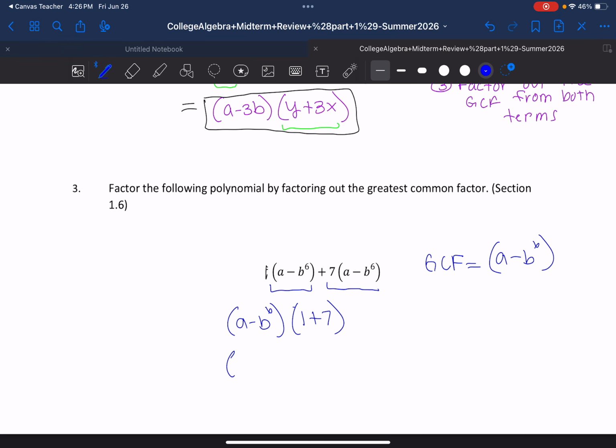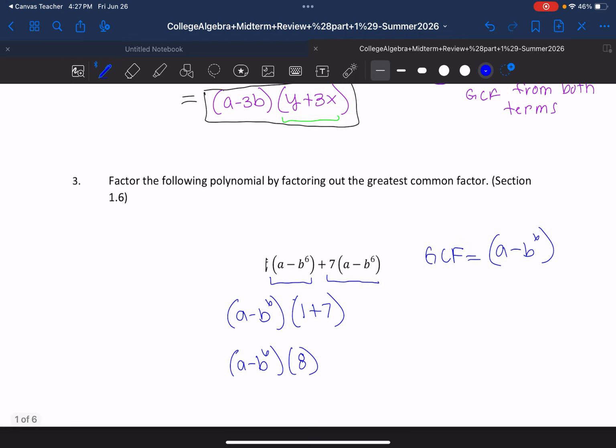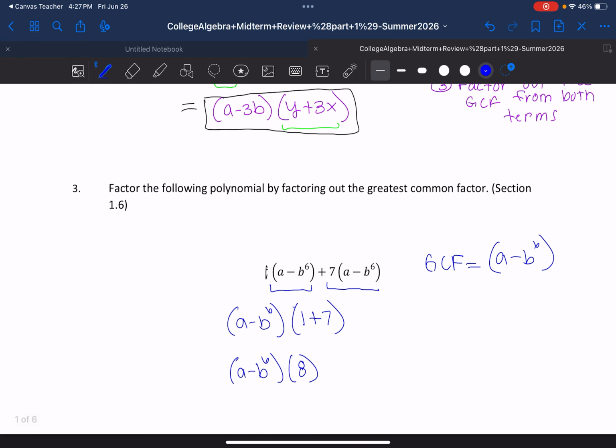So this would be a minus b to the 6th power times 6. 1 plus 7 is 8, not 6. And this could also be written with the 8 in front. It doesn't matter. But because they want it factored, you'd want to leave it like this. Don't distribute that 8. Just leave it like that. This is the factored form.